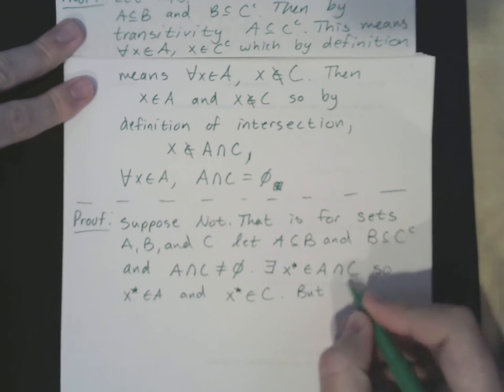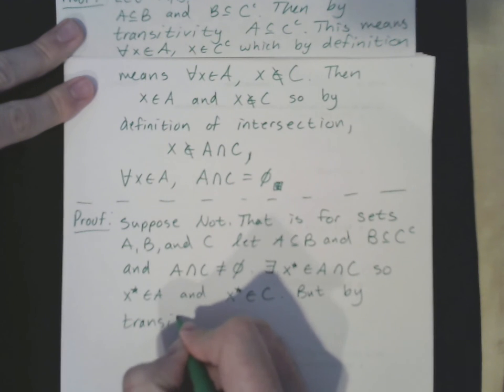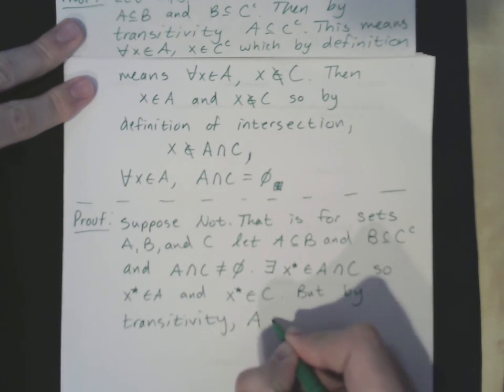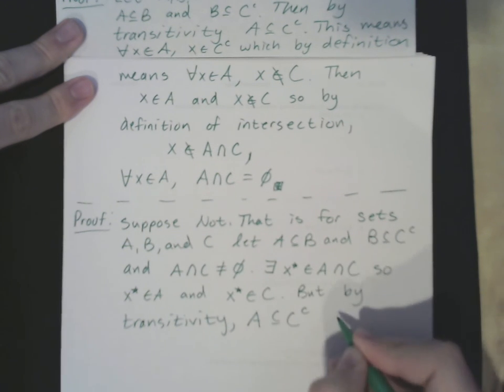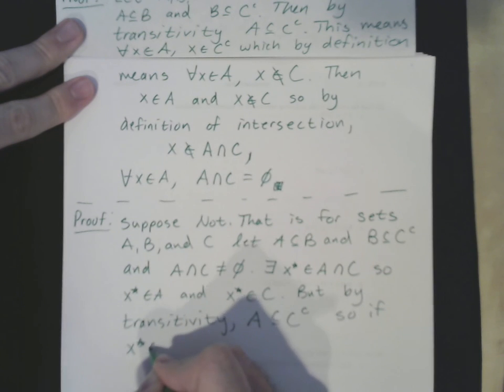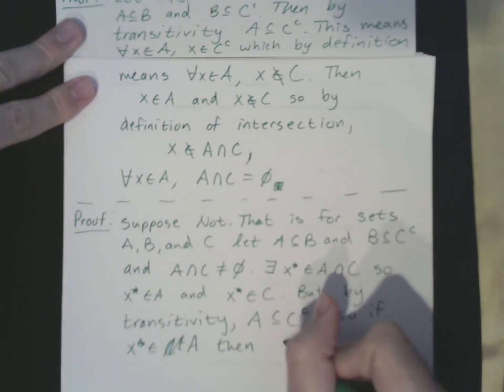But by transitivity again, A is a subset of C complement. So if x star is in A, then x star is in C complement.